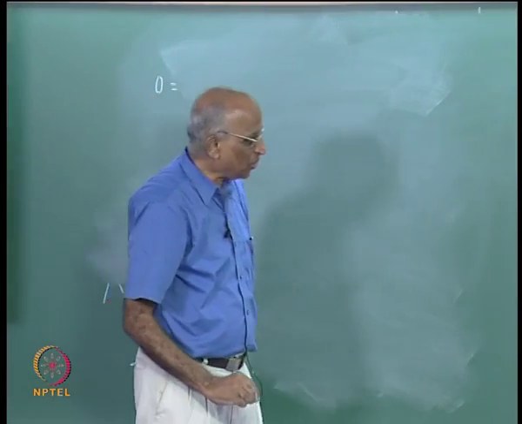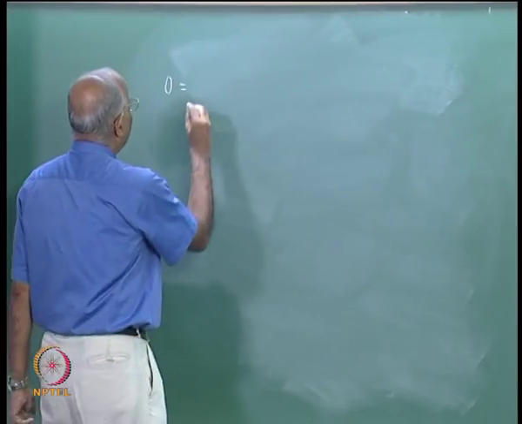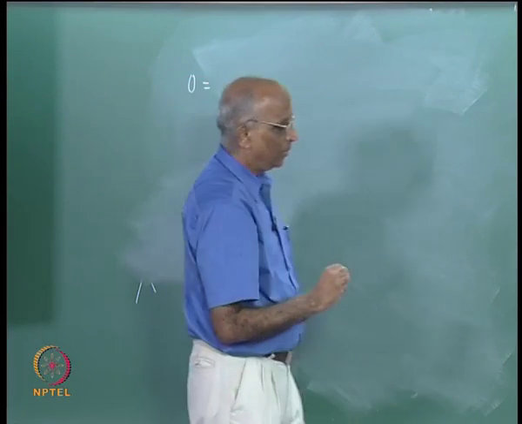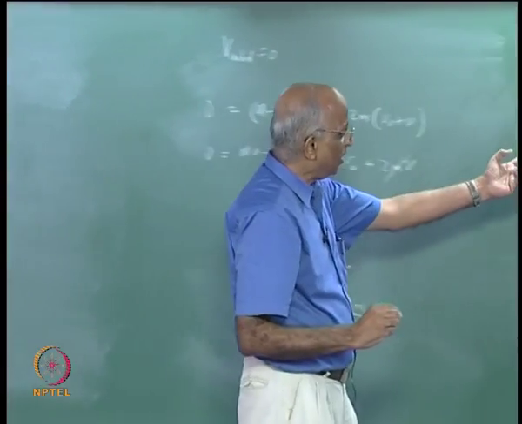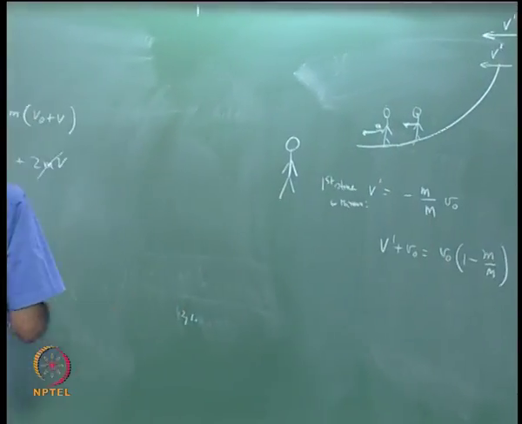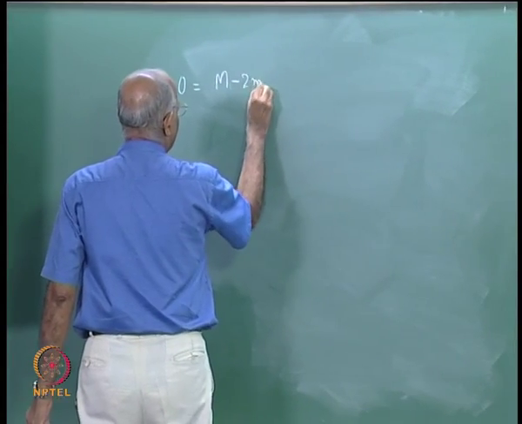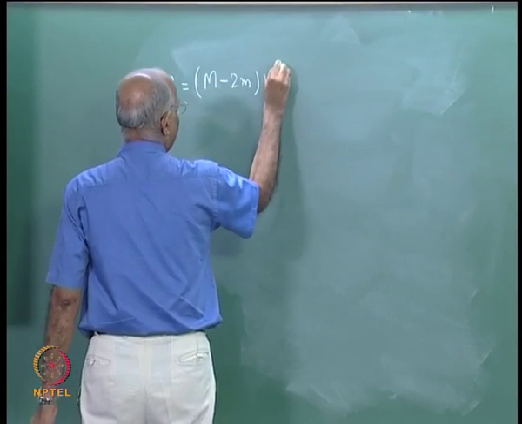The final momentum is capital M minus 2m into V2 prime.